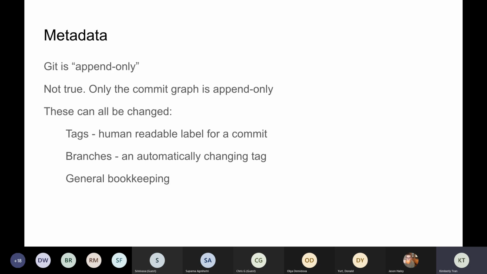If you add a branch, you'll see the new entry added to that file, so that Git knows which branch is tracking which commit, or which branch is tracking some remote commit, for you to push and pull easily. So that's a key concept: yes, Git is append only, but only for commit graphs. What you're manipulating really is the metadata around what these branches and tags point to.